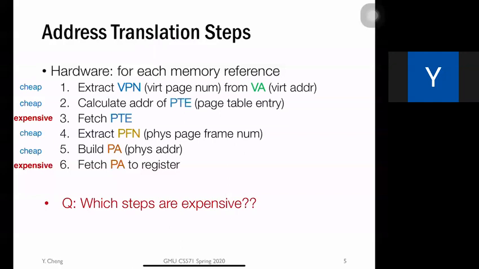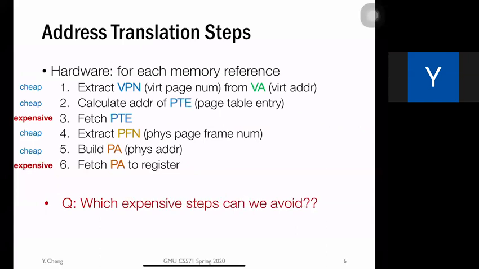So accessing the memory is dramatically slower compared to that. These steps are essentially memory accesses, okay? So that is why these two steps are extremely expensive.